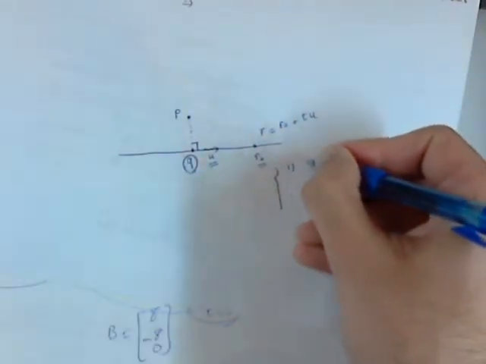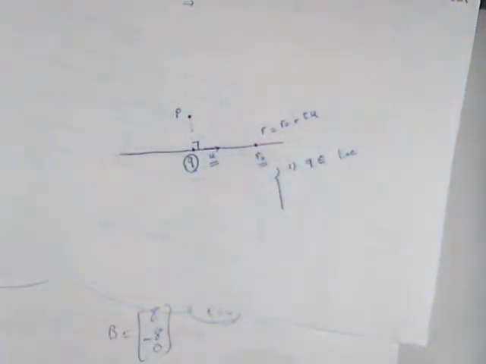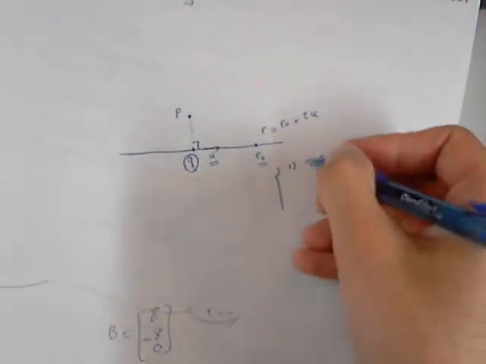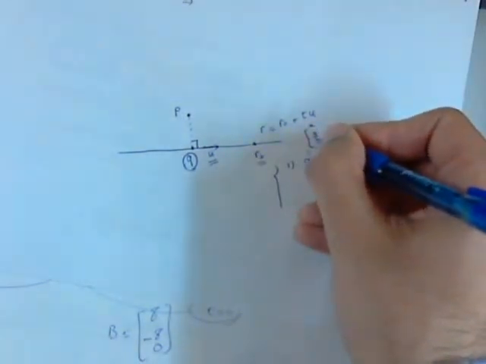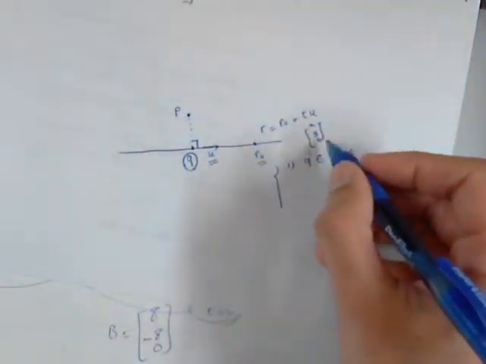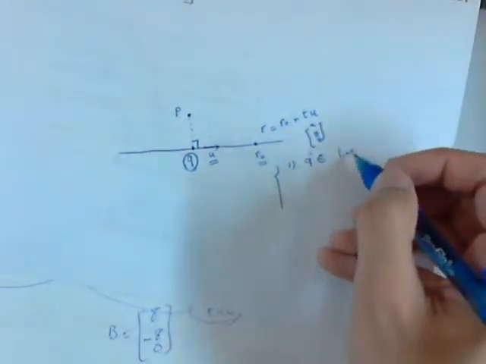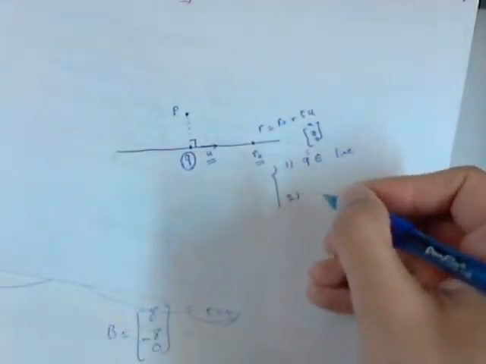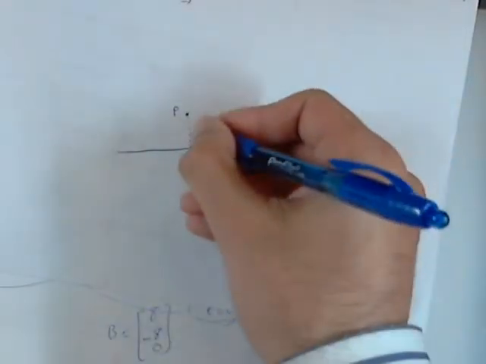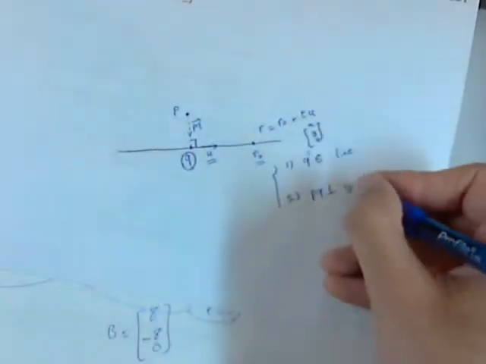So first of all, Q belongs to the line. So use the equation of the line. So this Q has 3 coordinates, right? x and y and z. Plug them into the equation of the line. So this is the first equation that you need. Second one, PQ is this vector, PQ is orthogonal to u.